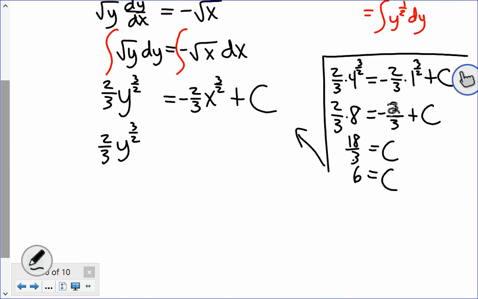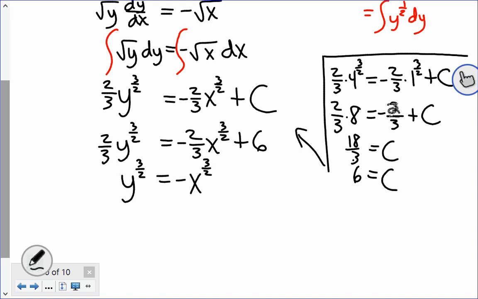Now we want to get y by itself, so we're going to multiply everything by 3/2. So negative 2/3 times 3/2 would be -1. So we'll get negative x to the 3/2 plus 6 times 3/2, which would be, again, write stuff to the side, don't stare in the air. 6 times 3/2 would be 9.